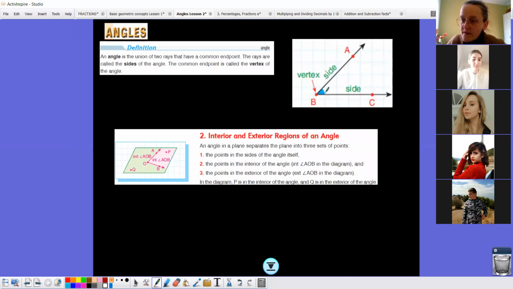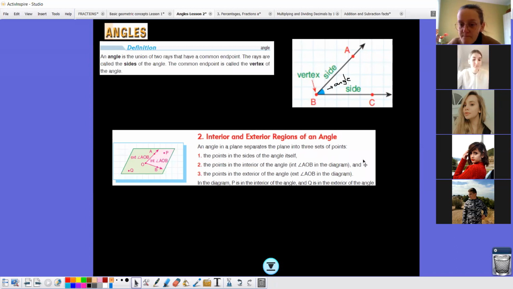The part where the two rays are formed is the angle, okay? This is the angle here, if you can see. And we have the sides and the vertex. It's okay?